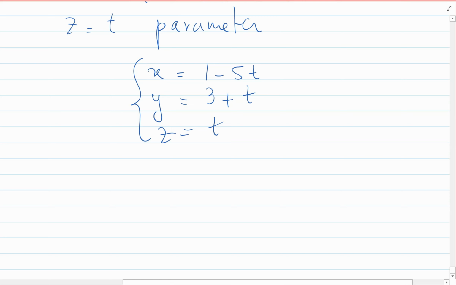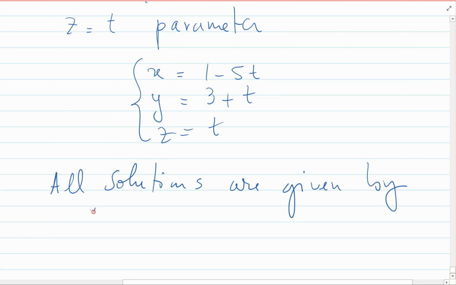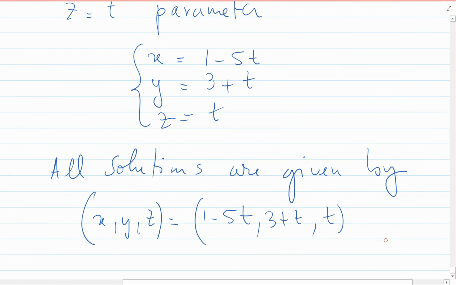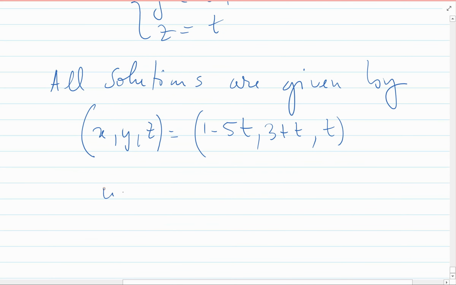So all solutions are given by the triple X, Y, Z equal to 1 minus 5T, 3 plus T, and T, where T is an arbitrary number.